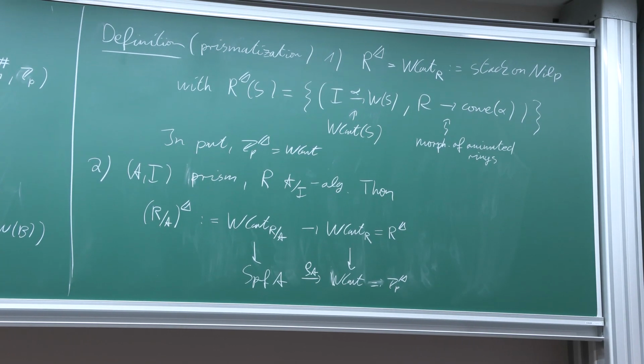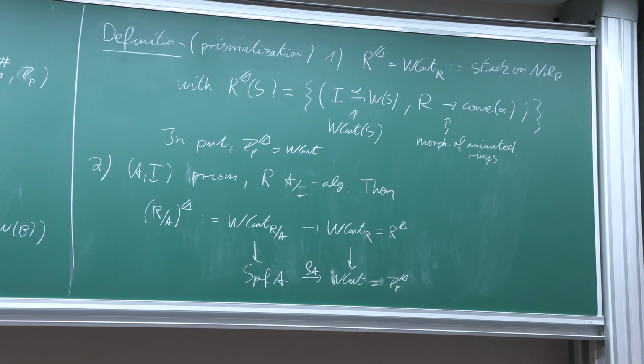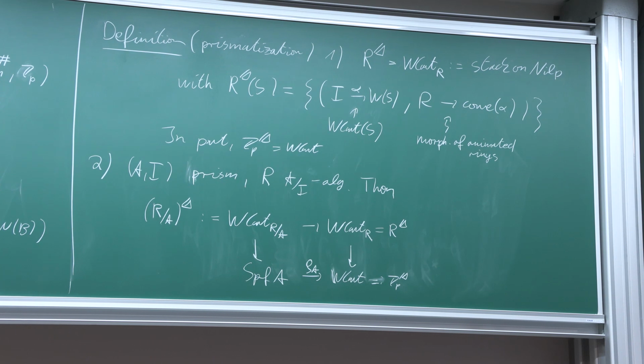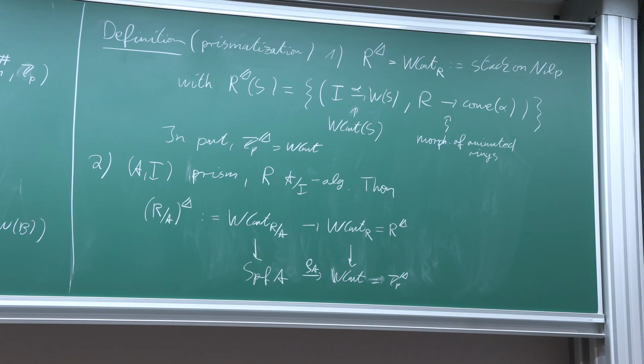Sorry, but why is it a one-groupoid? Why is it a groupoid? I mean, how do the automorphisms look? So we have automorphisms of the Cartier-Witt divisors.